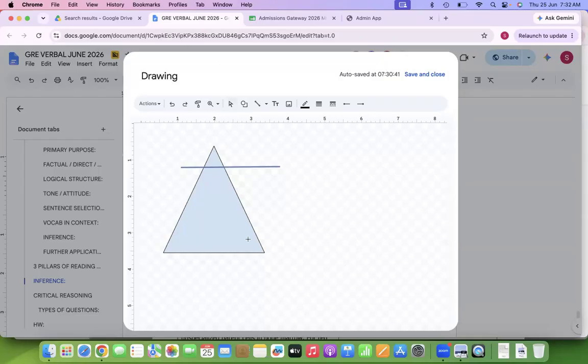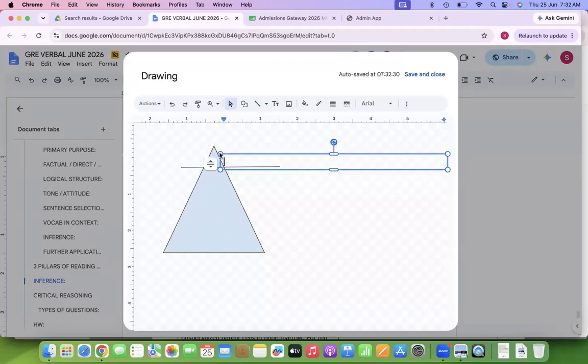Okay. But back to our iceberg model, what we're going to use it for is to understand how an argument is structured. Argument is not a negative word. We've already talked about this. An argument is somebody's point of view, what that person is arguing to prove, not a fight.